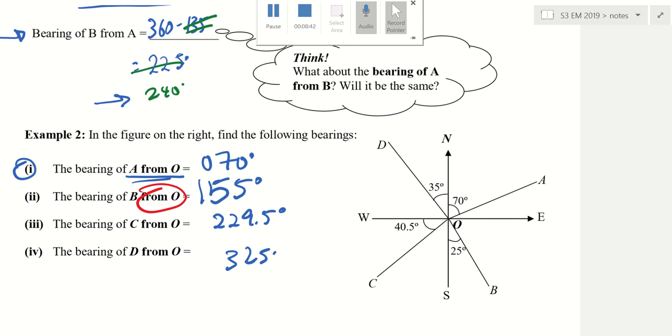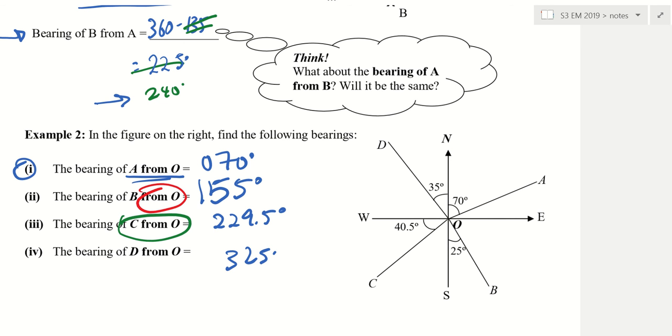Jia Xuan, C and O. What 2 points do you join? For example, B from O means I join OB. C from O means I join OC.